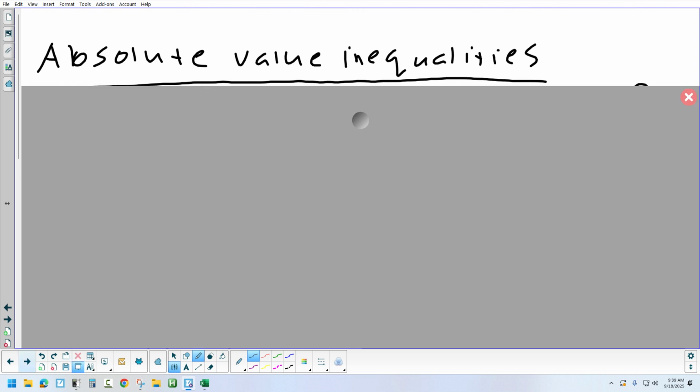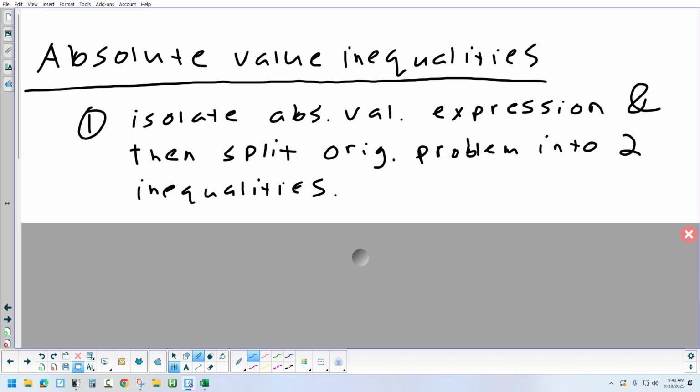All right, so if we can solve equations with absolute value, we can do inequalities. A lot of the same kinds of rules. You have to make sure that when you are solving it, the absolute value is isolated. That's the first step. And then once it's isolated, you're going to split it into 2 problems.